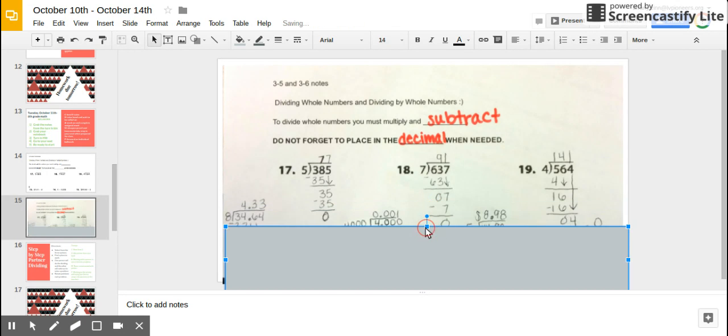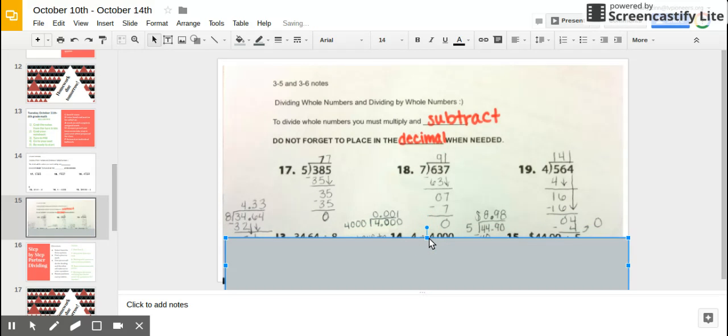So your 4 goes on top. Subtract 16, which brings you to 0, but we still have this number. So drop it all the way down. And 4 goes into 4 once. That should have been review. So make sure you have all of this copied down on the top. If you need to pause it, go ahead because I'm going to move on to the next 3.